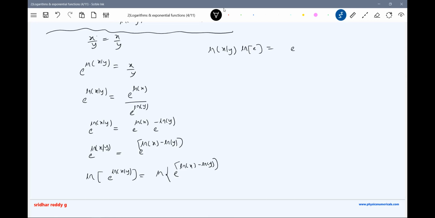So this is log x minus log y is equal to log of e, and log e to the base e will be 1.